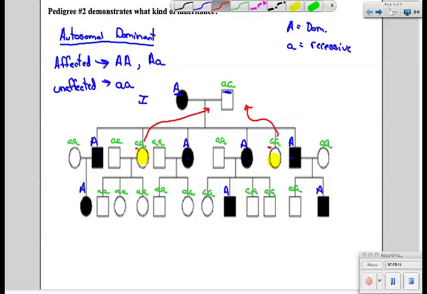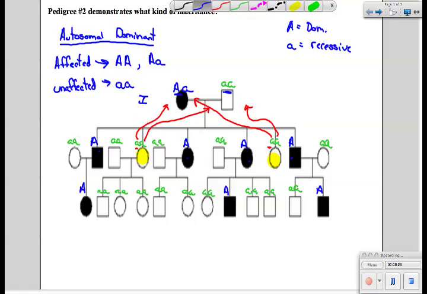During fertilization, one copy of the gene from the maternal side and one copy of the gene from the paternal side come back together. So this second copy and this second copy must have come from this parent here, making their genotype big A, little a.